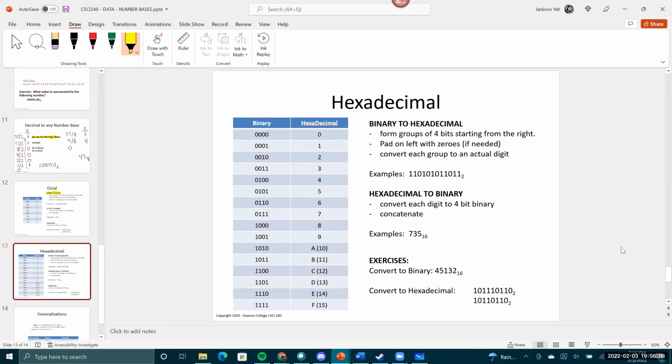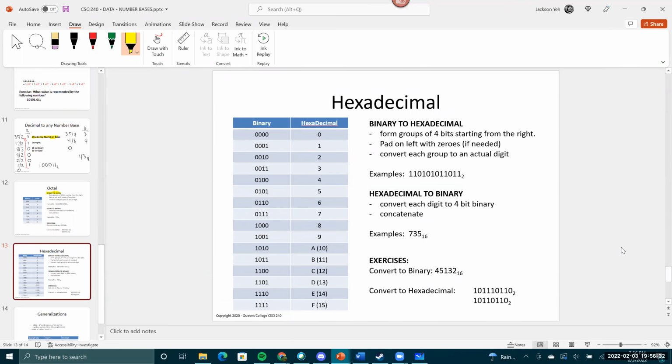You might ask, why not just write 10? Well, because 10 is 2 digits, 1 and 0, and we want a single digit to represent a value. So after 9, A represents 10, B represents 11, C is 12, D is 13, E is 14, and F is 15. So these are the distinct values.